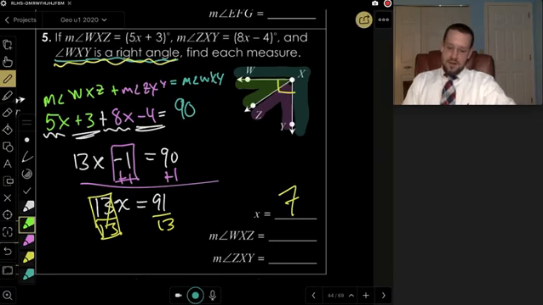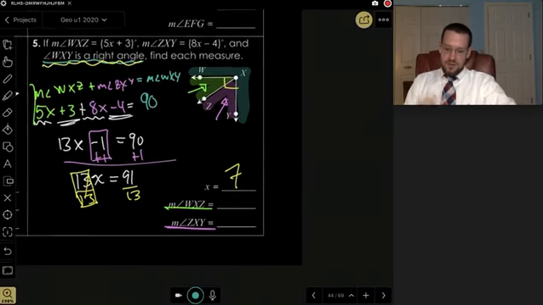And again here, kind of typical with these problems, we want to find the measure of this angle in green and then find the measure of this angle in pink. So what we're going to have to do is use our x value to substitute back in.